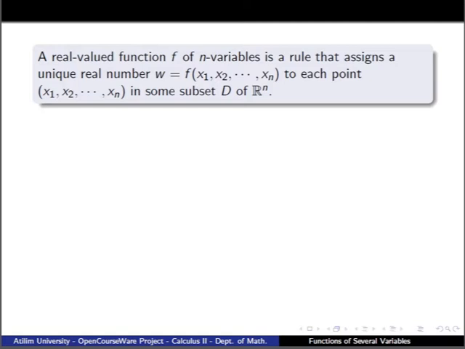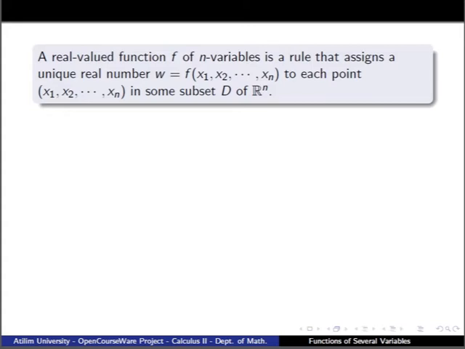But we call this function a function of n variables because the name comes from the number of independent variables, where the independent variables of this function are x sub 1, x sub 2, up to x sub n. Hence, we name the functions depending on the number of independent variables.